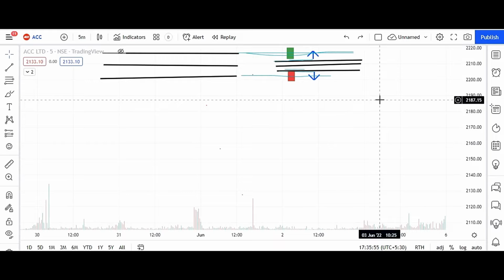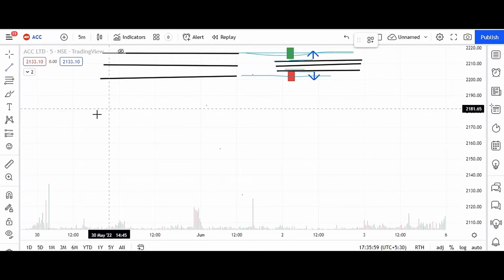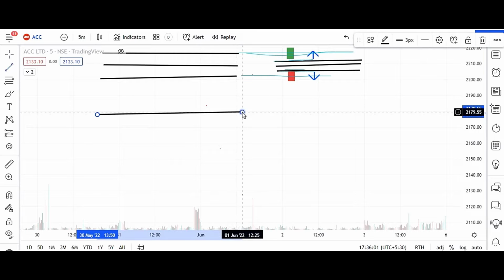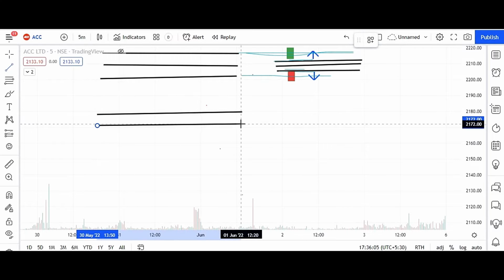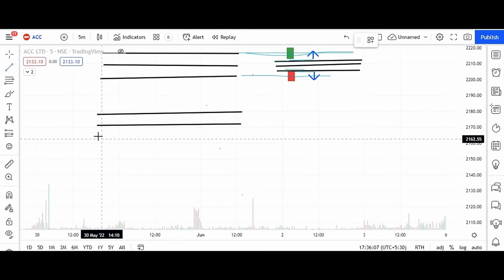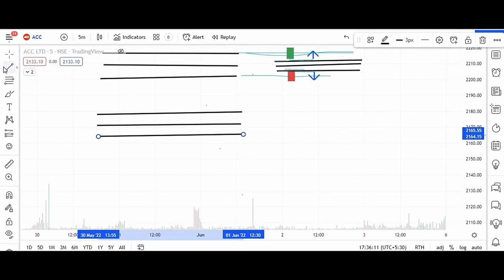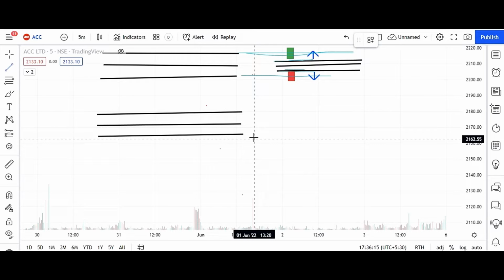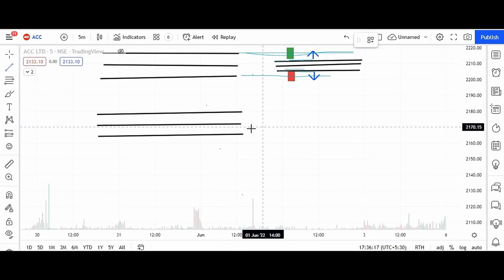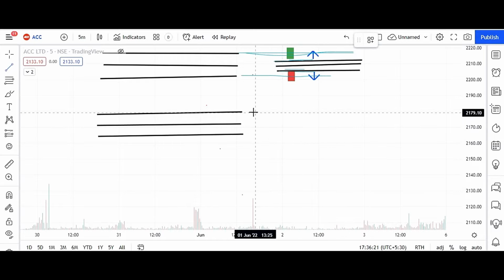Let's move to the special case of the inside CPR pattern. Suppose this is the top central pivot of the previous day CPR, this is central pivot, this is bottom central pivot. In this scenario, the current day CPR must be formed either close to the top central pivot or the bottom central pivot, and it should be a narrow range CPR also.